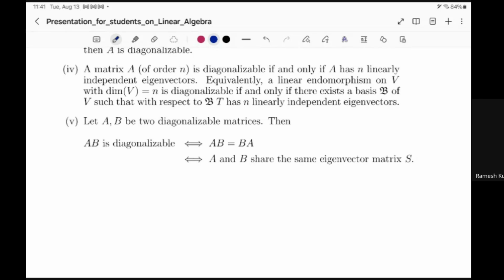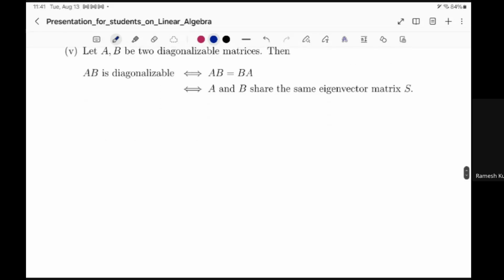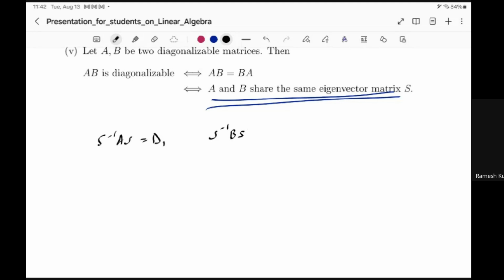That is actually very easy to see, the last point at least. If this happens, then you will have S inverse AS equal to, say, D1, where D1 is a diagonal matrix, and S inverse BS, because they share the same eigenvector matrix, I can still use the same S, say D2.